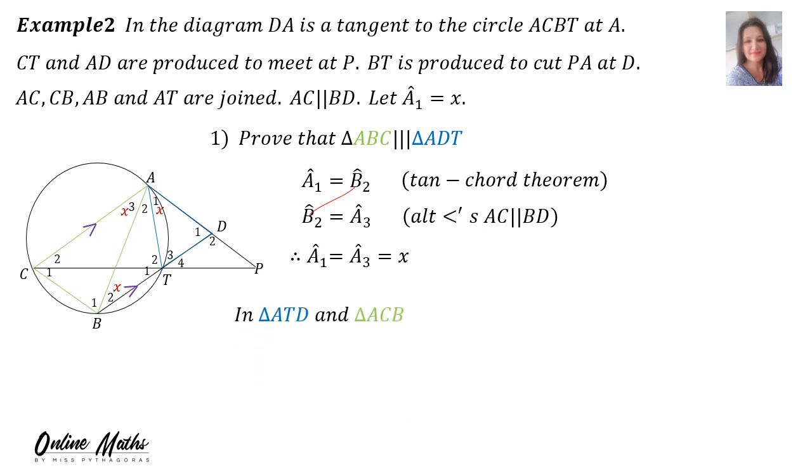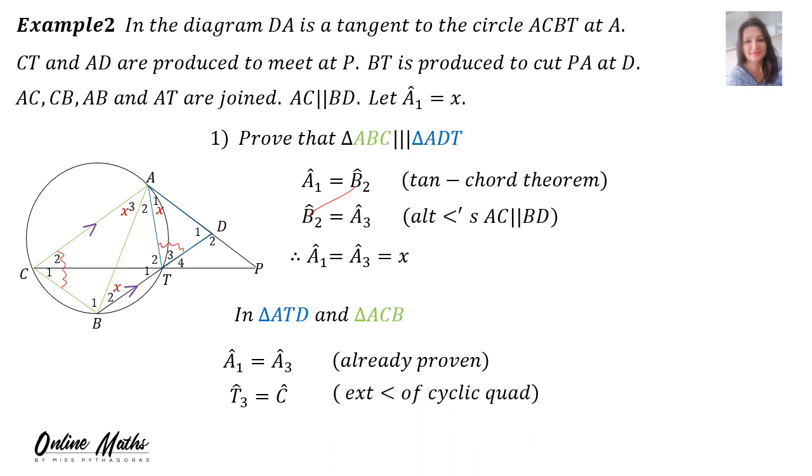Now we can start by saying, in blue triangle ATD and green triangle ACB, A1 is equal to A3, that was proven above. Then we can say T3, which is this angle, is equal to angle C, and the reason is exterior angle of a cyclic quad is equal to the opposite interior angle.